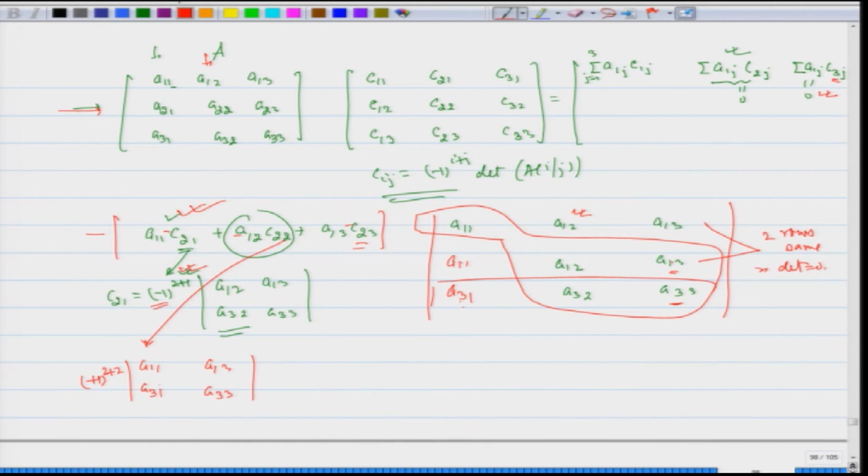So, the last part today is what is called Cramer's rule. I will just remind you of this theorem: A is n cross n, then the following statements are equivalent.